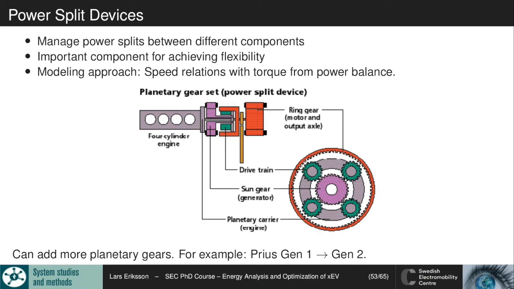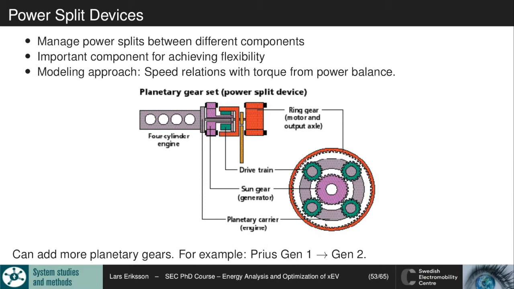So, for example, we can have a ring gear here to connect it to a motor axle. We have the drivetrain that's connected to the planets, and then we have the sun here that's connected to a generator.